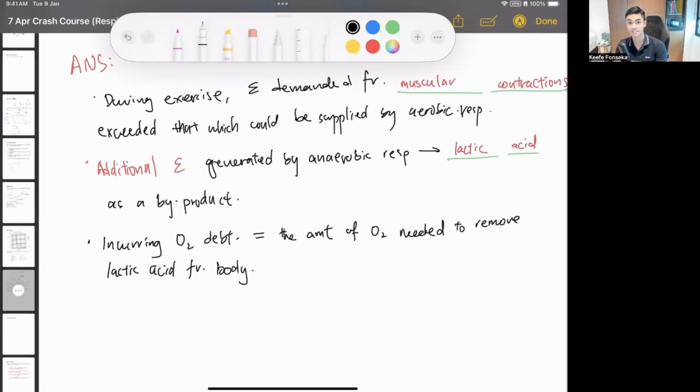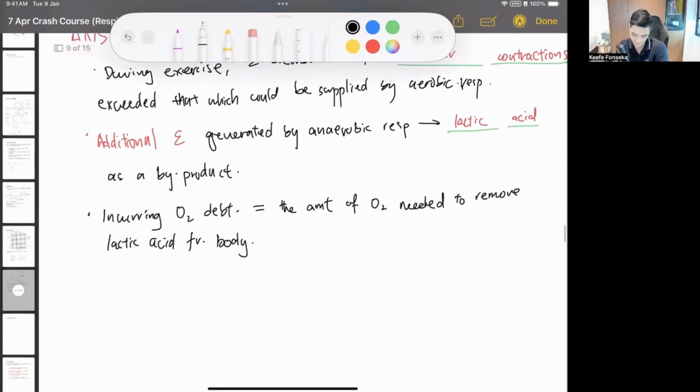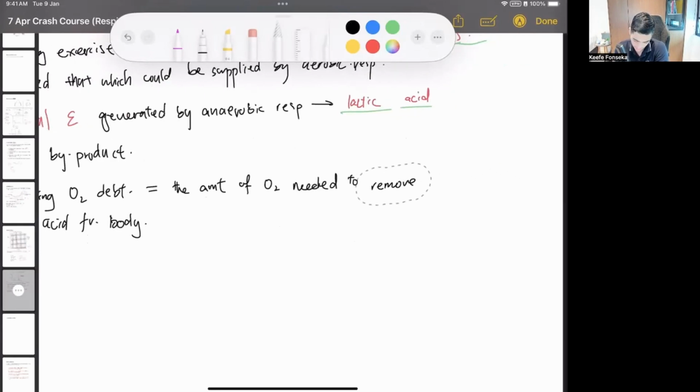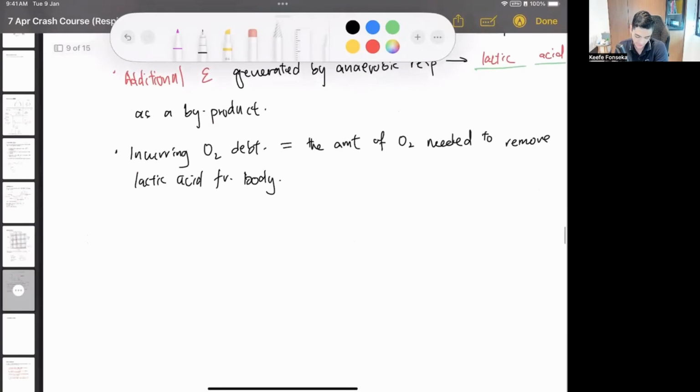The lactic acid needs to be broken down. So if your school taught you that, they are using the outdated definition. But this definition here is okay because the O-level syllabus has been simplified for this year. It's needed to remove lactic acid from the body. That is the definition.